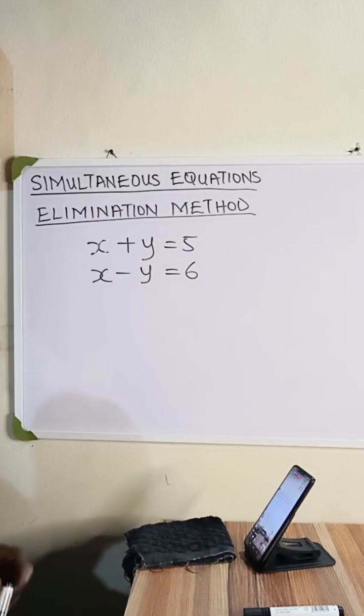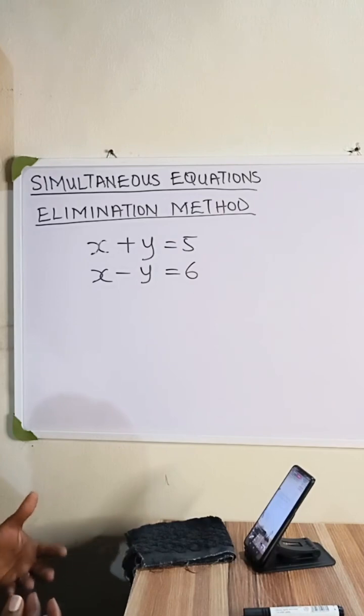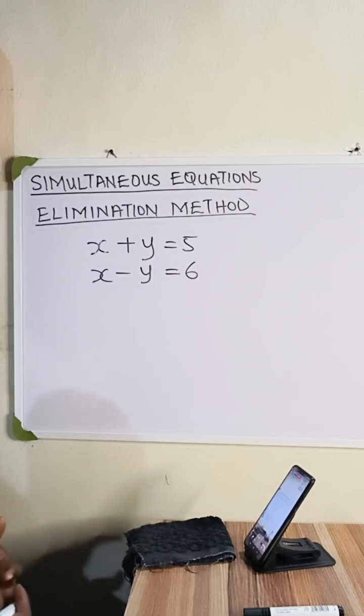Good. So those questions we solved in that class, we are going to solve them again. But this time we are going to use the elimination method. So at the end of the day, we are going to try to see if we arrive at the same answer. If we arrive at the same answer, then we did a good job. If we do not arrive at the same answer, then probably there is something wrong with what we did.